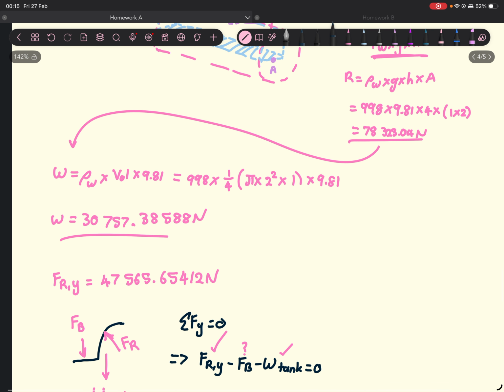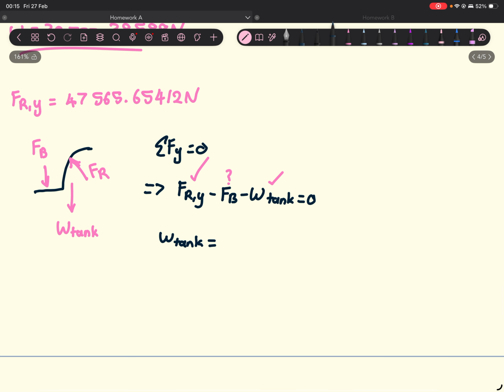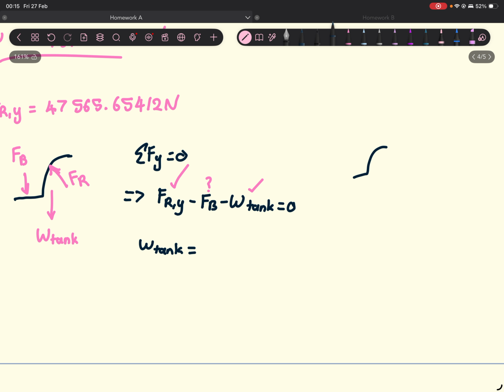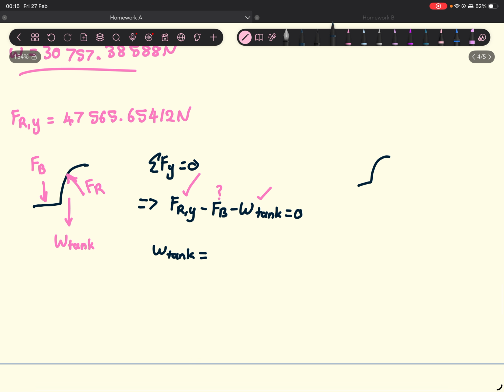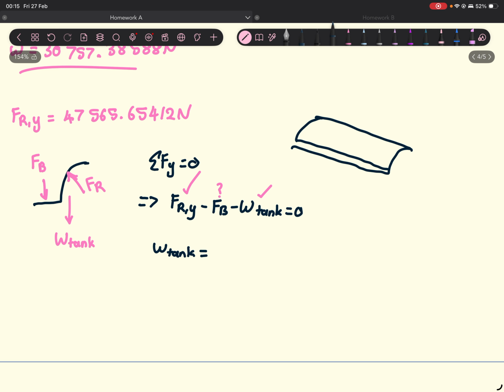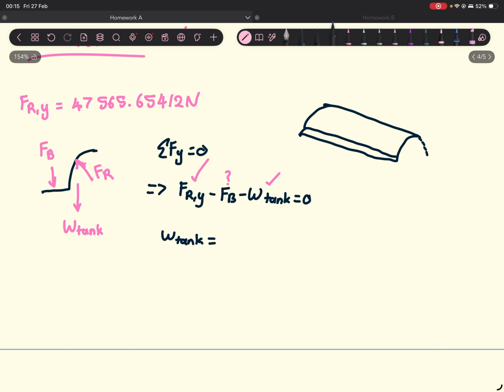Hope that makes sense. But remember, we're dealing with this portion, so we're not dealing with the entire length of it. So we need the weight of only this portion, and we know that the weight of this entire portion, if we draw it as a full half, would be 4.5 kilonewtons.